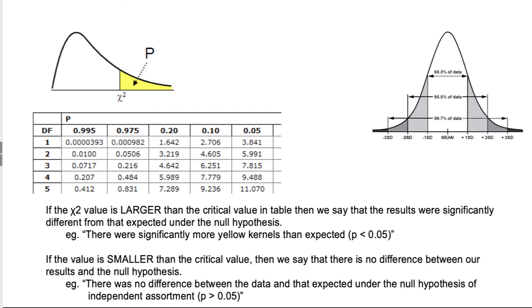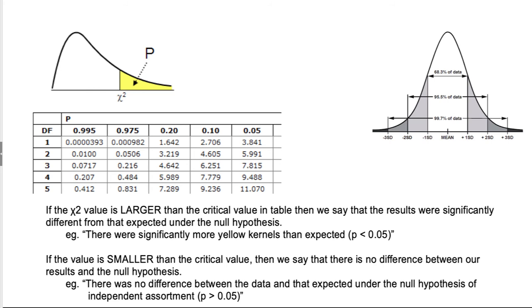And even though we say something weird is going on, we acknowledge that some of the time chance alone might give us such an extreme scenario. We've accepted that 5% of the time, even though we make that conclusion that something weird is going on, we'll be wrong, just because of chance. We could get such an extreme case just by chance alone, and we're willing to accept that 5% of the time we'll be wrong.